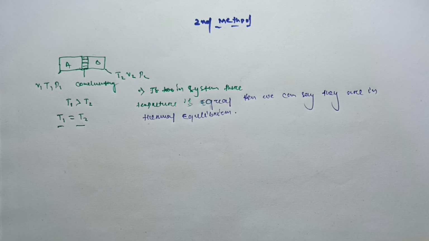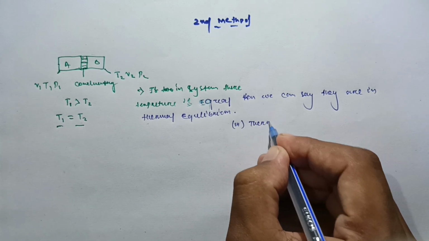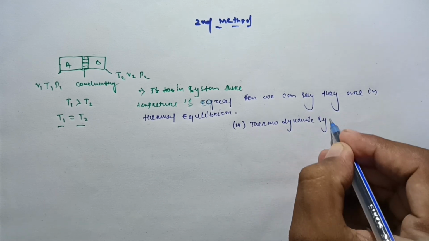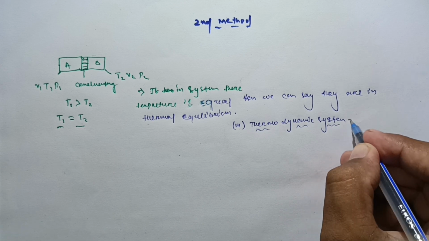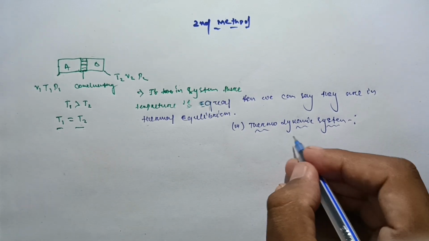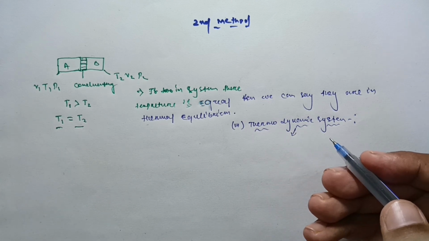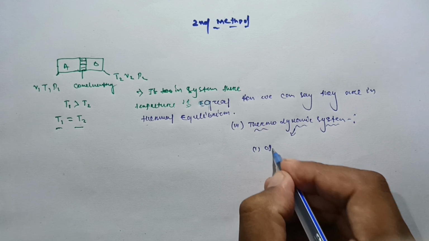Now, the third term is thermodynamic system. So what is a thermodynamic system? Mainly, it is divided into three types. First, open system.